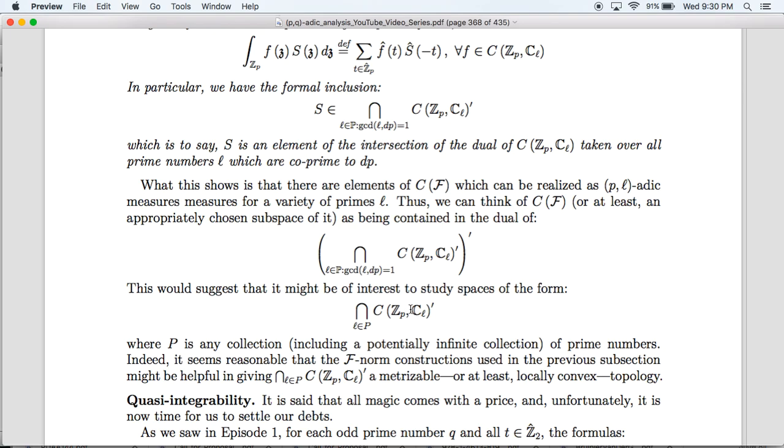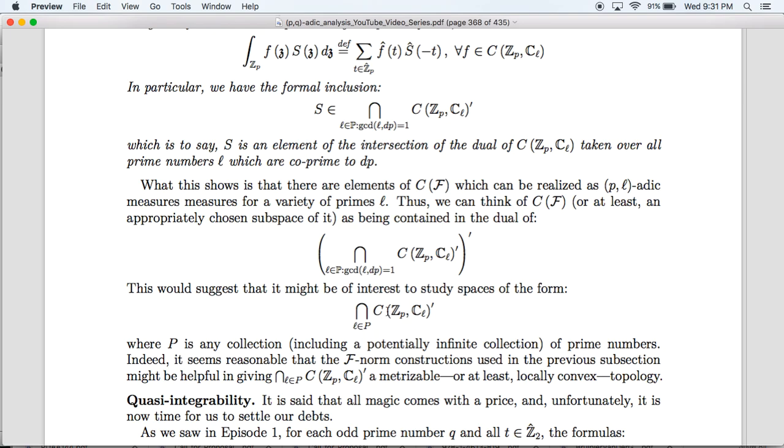So this is going to be a vector space, definitely over Q bar, the algebraic numbers, because the algebraic numbers are contained in C_L for all prime numbers L, but of course we have to pick an embedding first.